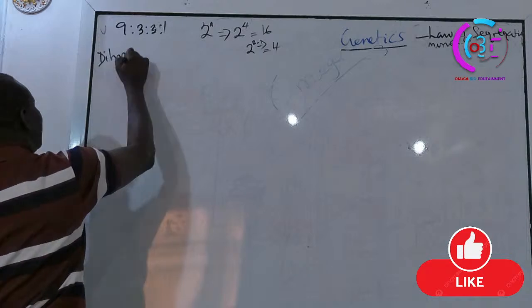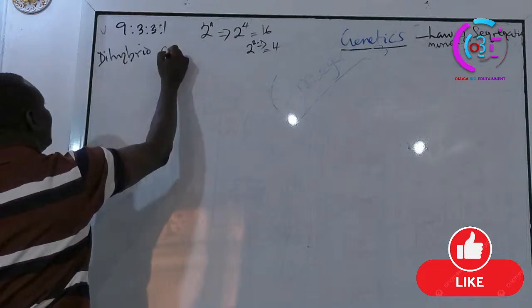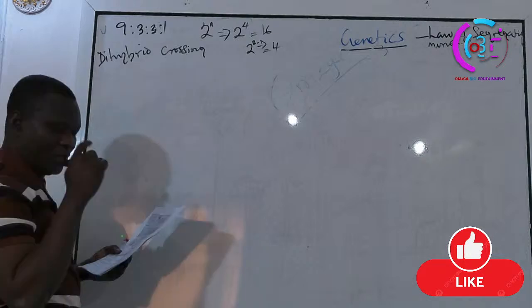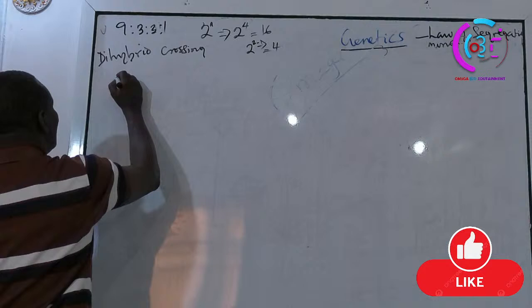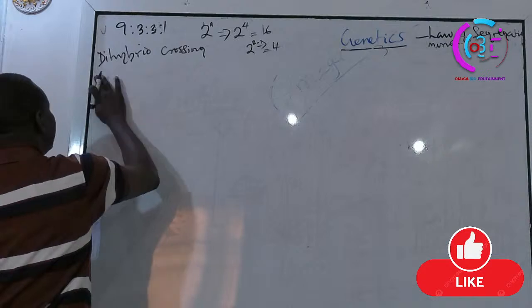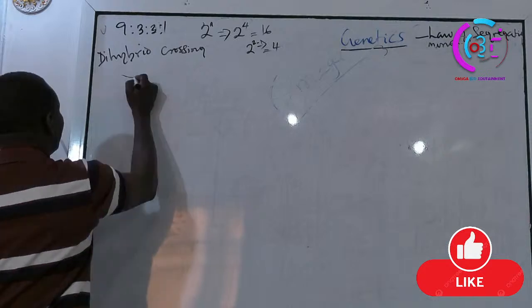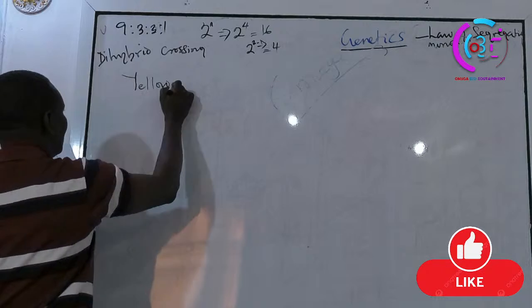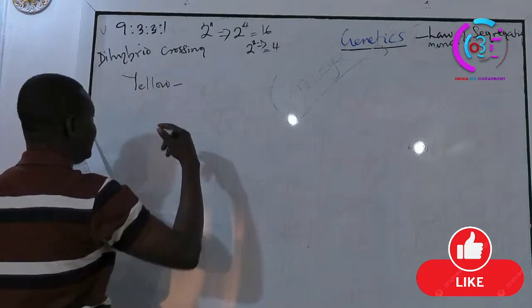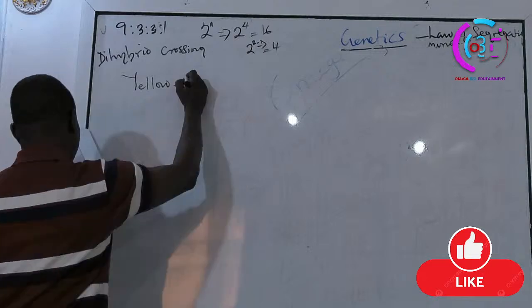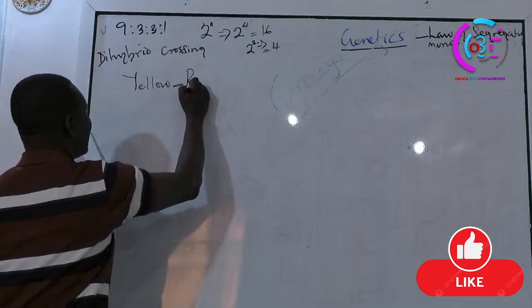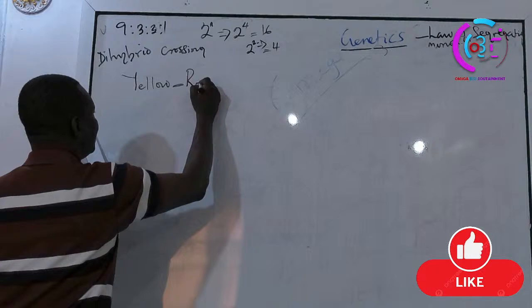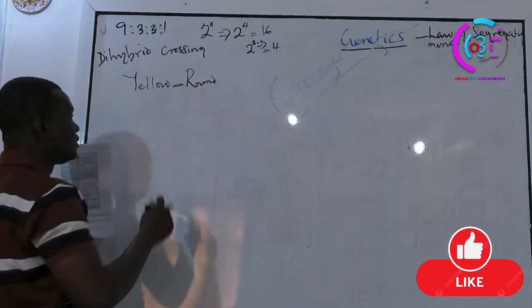Let us assume that we have a dihybrid crossing. This dihybrid crossing is such that one of the parents has yellow color seed and round in shape, yellow color but round in shape.